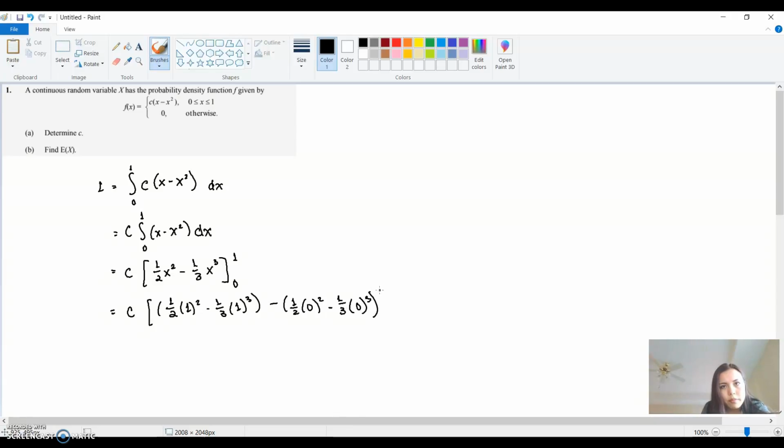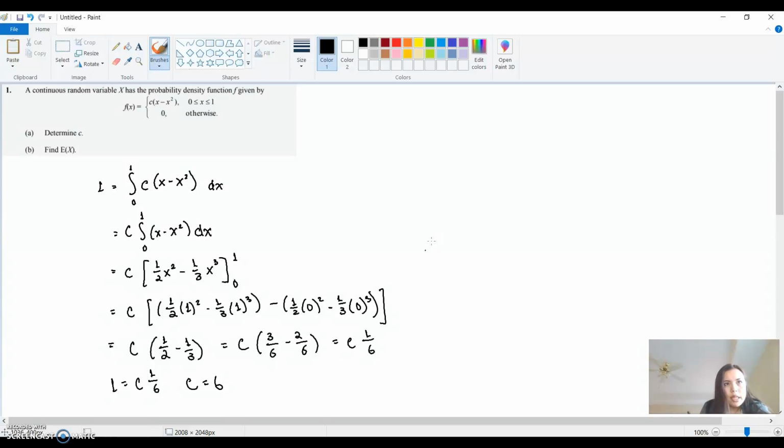We plugged in 0 and 1, so this gives us 0. That just equals c times 1/2 minus 1/3, which gives us c times, that's 3/6 minus 2/6, right? That's just 1/6. Alright, so 1 equals c times 1/6, c equals 6.